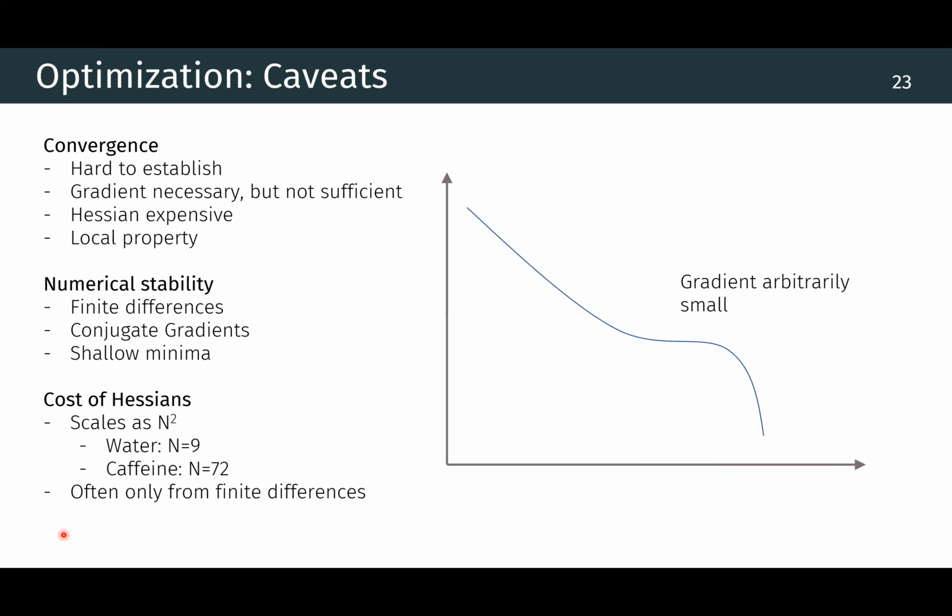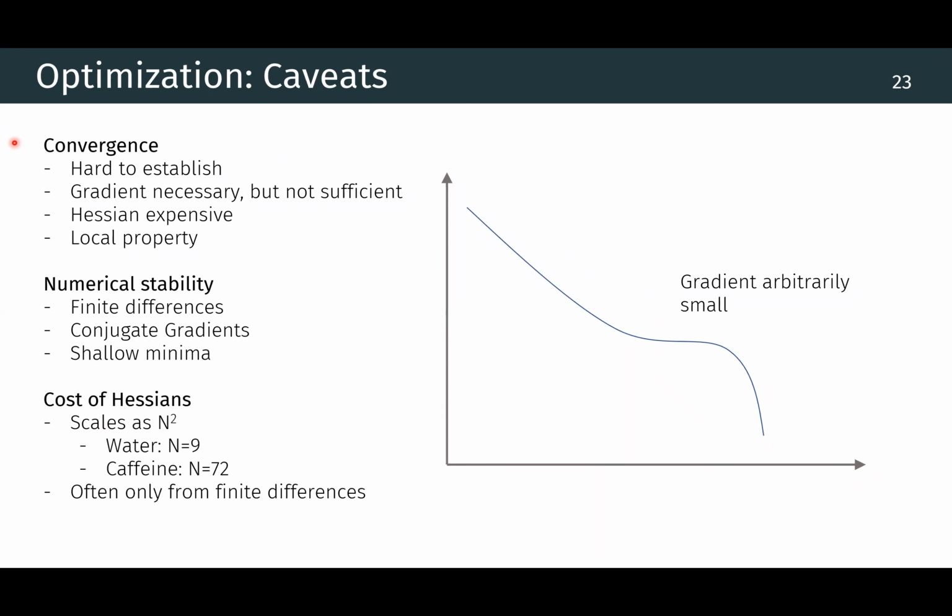If you look at the function on the right side, my gradient can be arbitrarily small. It's nearly flatlining here. It could be perfectly flatlining, but that's not a minimum. The minimum is down here. So convergence just based on the gradient ain't gonna fly, because you're going to be stuck at some higher level point.